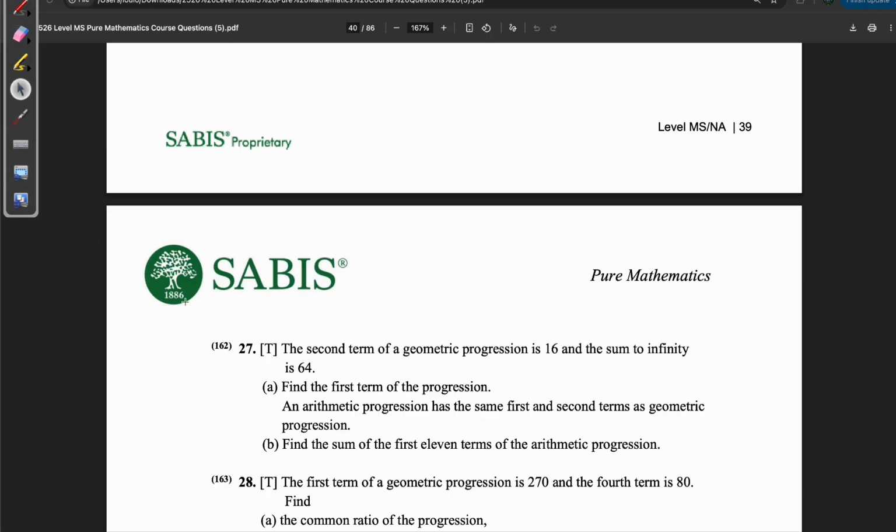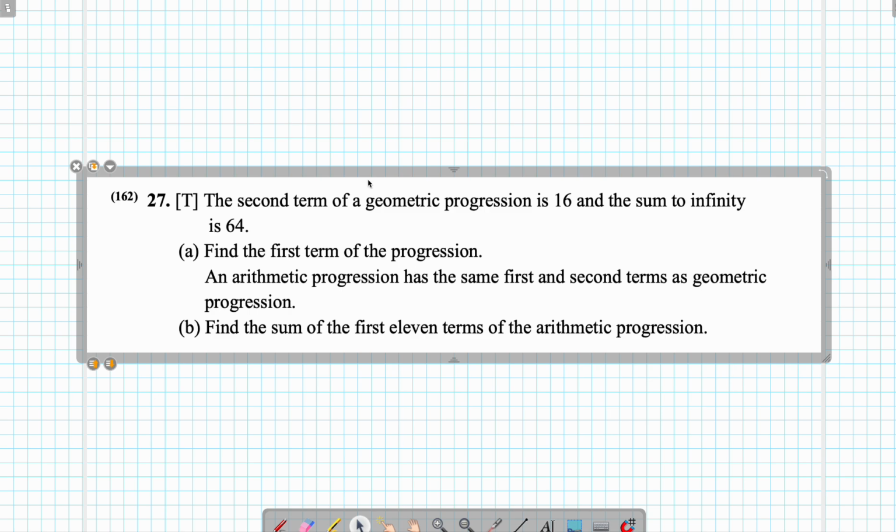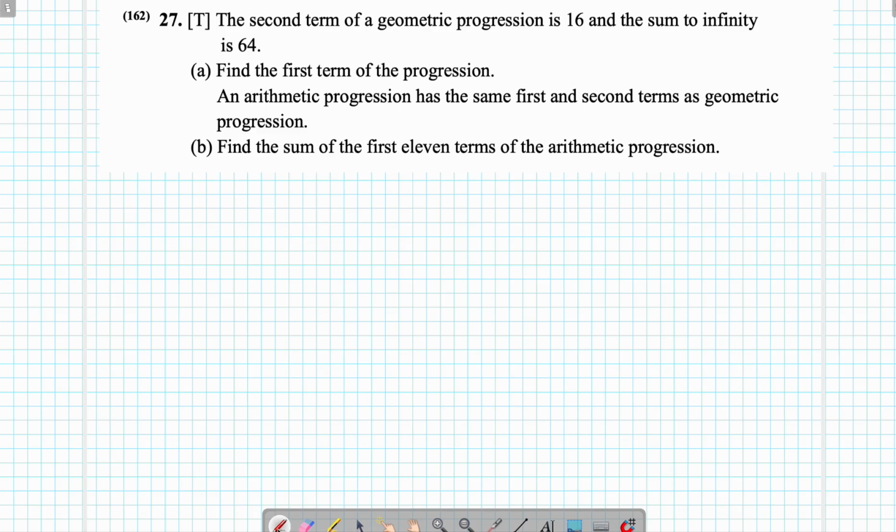The second term of a geometric progression is 16 and the sum to infinity is 64. Now this is one of the harder questions of this, but let's do this, right? G2 over G1 will give us the common ratio.